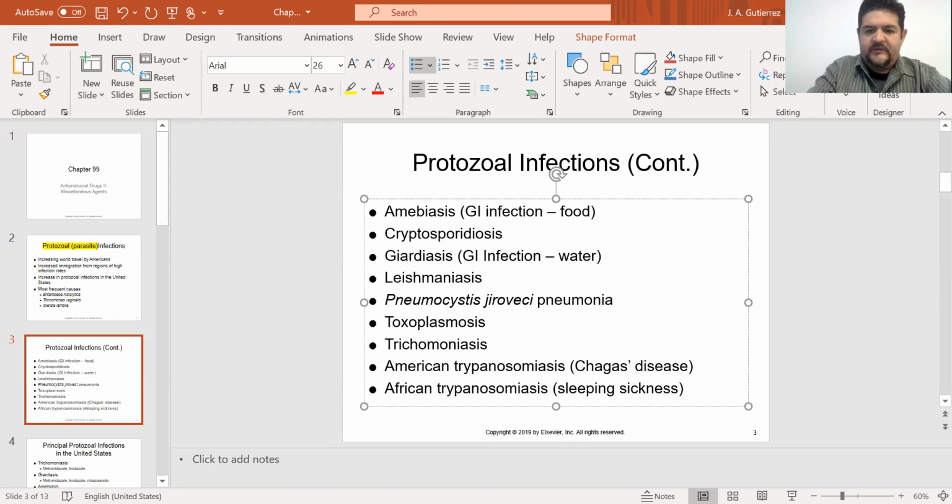From here, toxoplasmosis is a parasite that we can find in cat feces. Leishmaniasis affects the skin and the heart. This is one of the most serious protozoal infections that we can find.